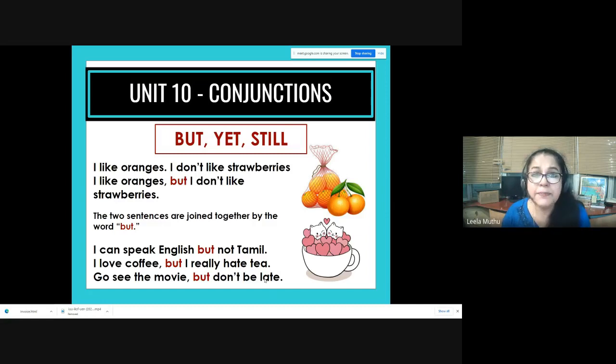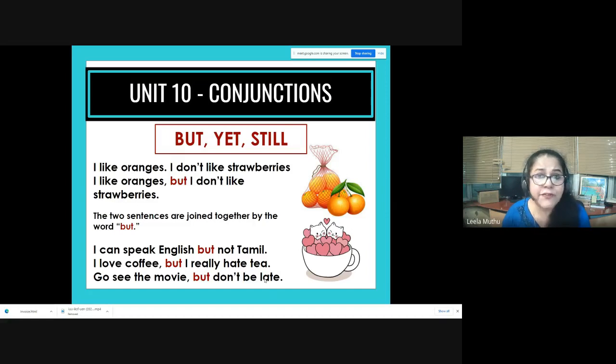I can speak English, but not Tamil. It's the same way of saying I can speak English, I cannot speak Tamil. These are two different sentences. One is saying that you can do something, one you cannot do something. So we can join these two sentences in a very simple way by adding but. I can speak English, but I can't speak Tamil.